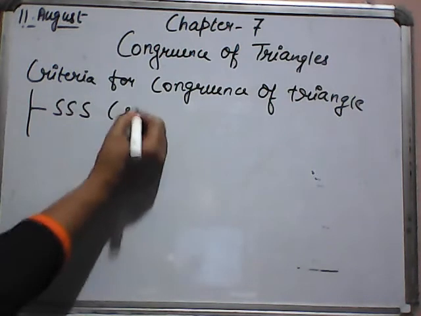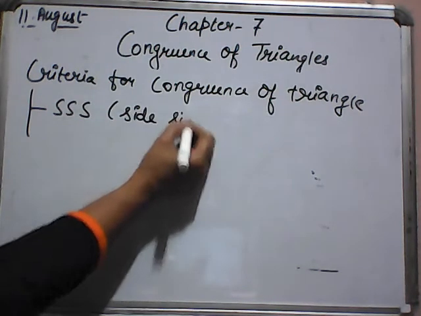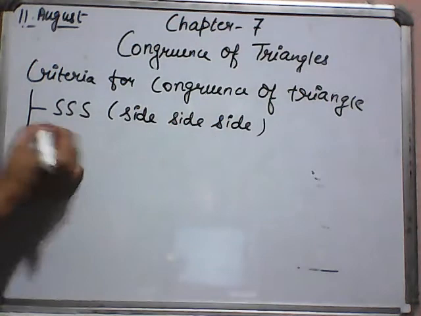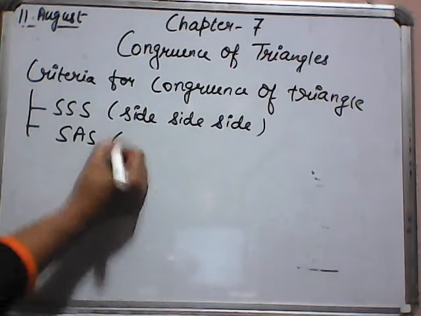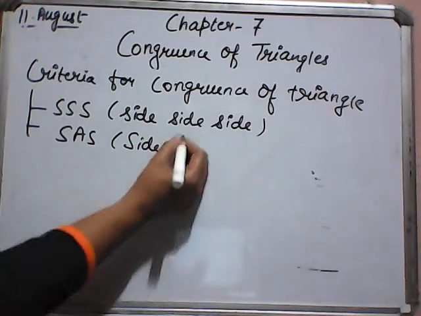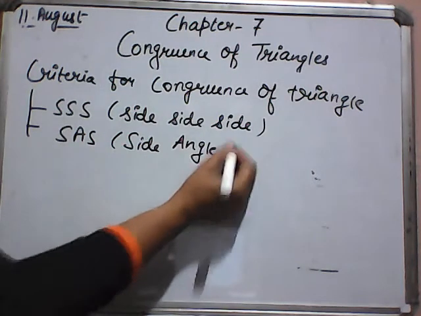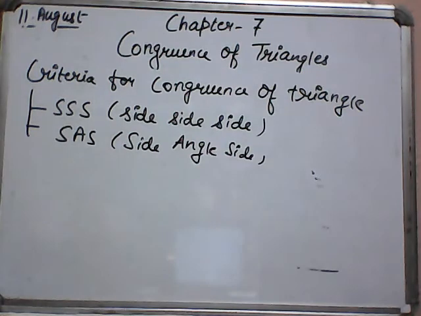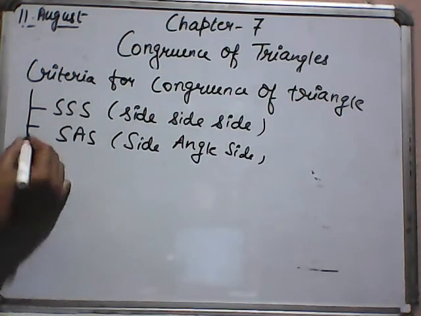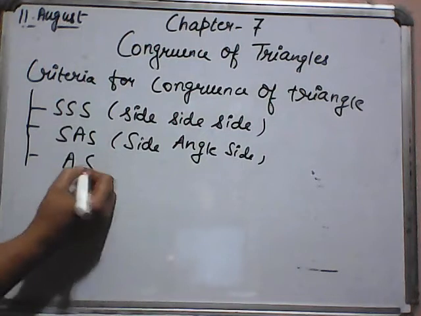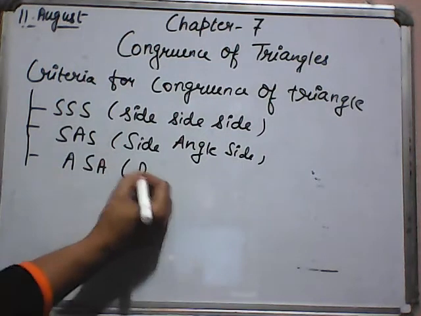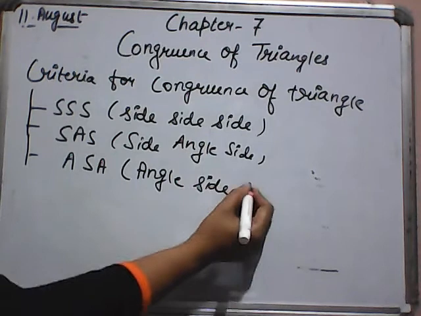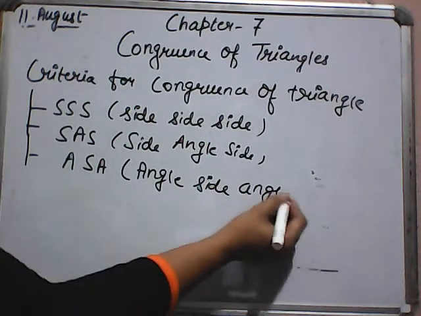It means side, side, side criteria. Next one is SAS, side angle side congruence criteria. Third one is ASA, angle side angle congruence criteria.